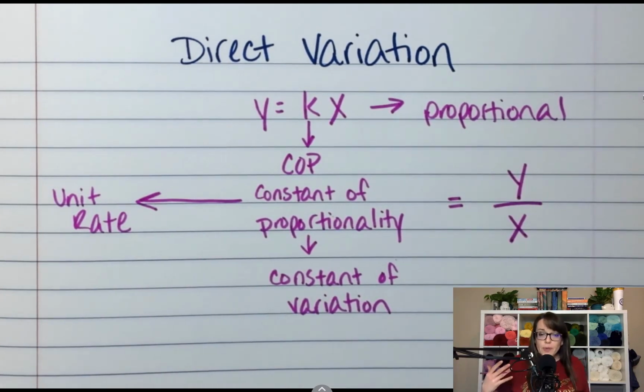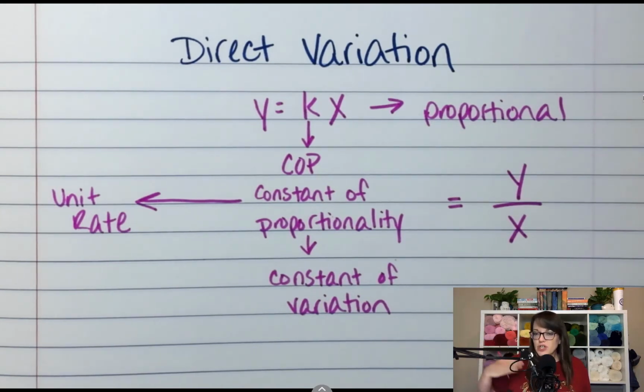When we talk about slope, we look at the change in y versus the change in x. For direct variation, we're just looking straight from the y divided by x. So we're looking for those multiplication relationships, those division relationships. There's no extra step. It's straightforward.